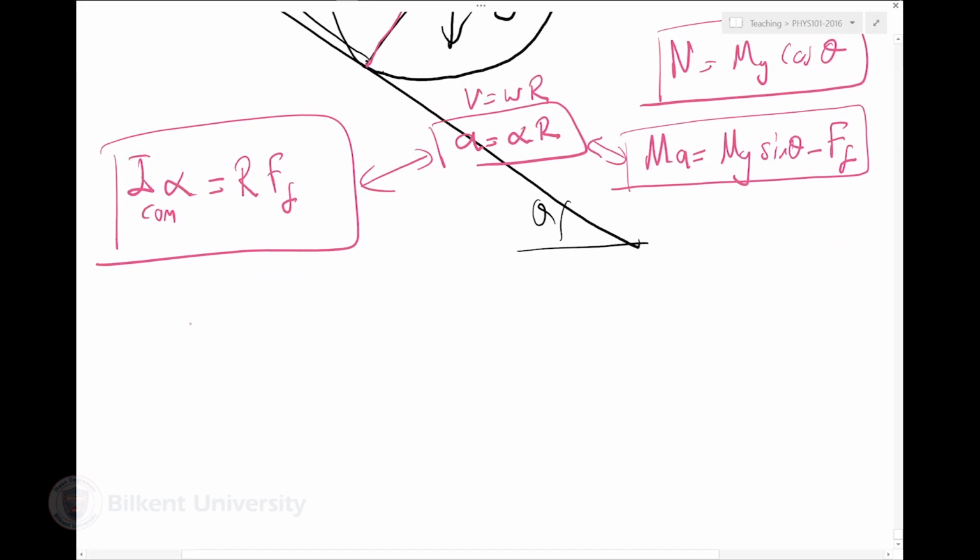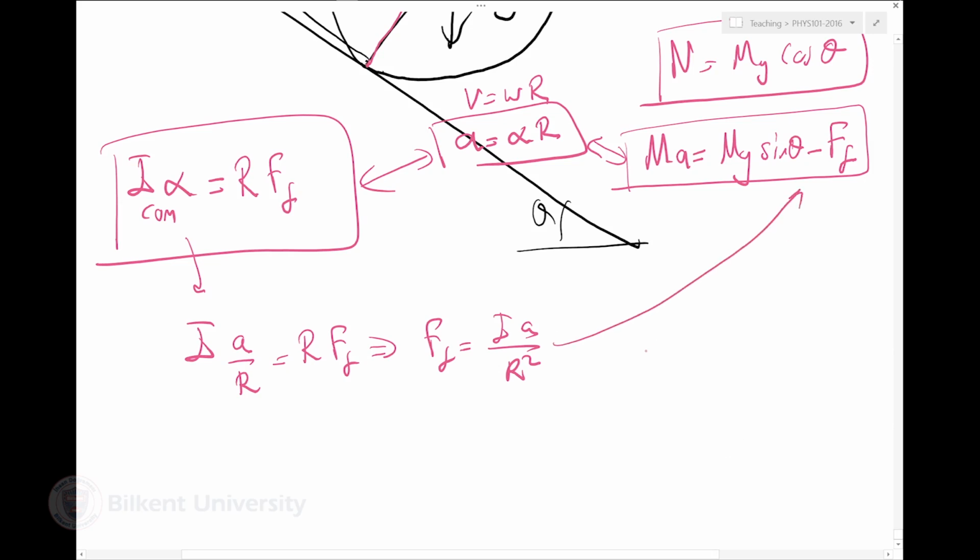So let me write this as I times, instead of alpha, I'll write a over R, is R times F friction, or F friction is I times a over R squared, and then plug it back in.